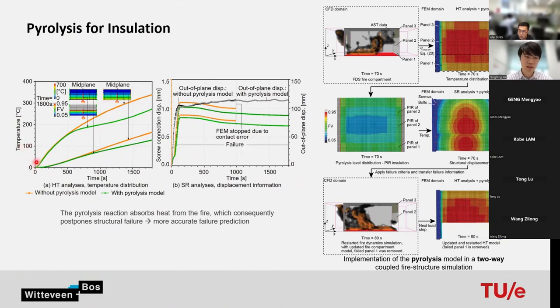Actually, quite surprisingly, you can find the model without pyrolysis actually shows a higher temperature compared to the model with pyrolysis. This is because the pyrolysis reaction absorbs a lot of heat, so it may reduce the fire risks compared to what we expected.